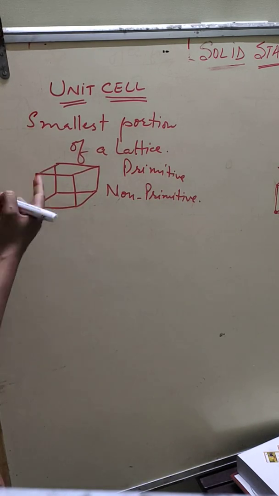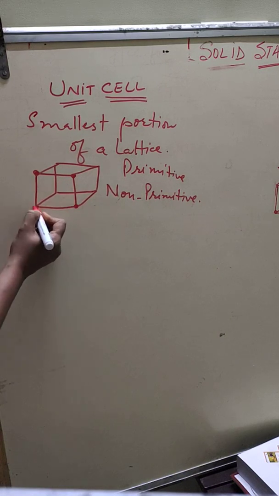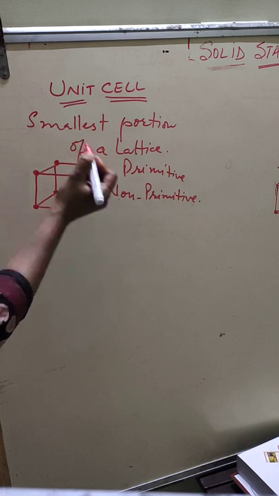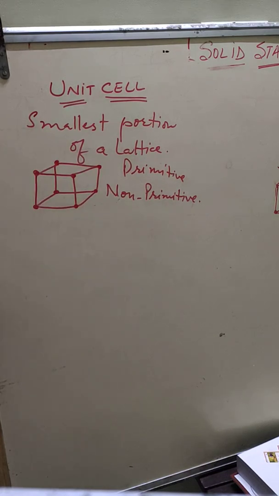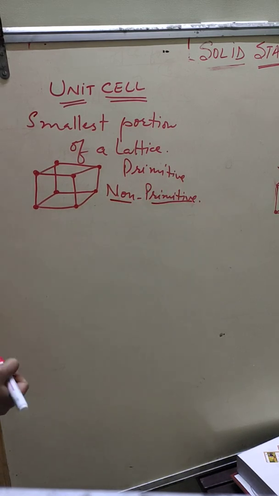Primitive unit cell means if the particles are present only at the corners of the unit cell, that is called simply the primitive unit cell or the simple unit cell. But if the particles are present at the corners as well as some other place in the unit cell, that is called non-primitive.